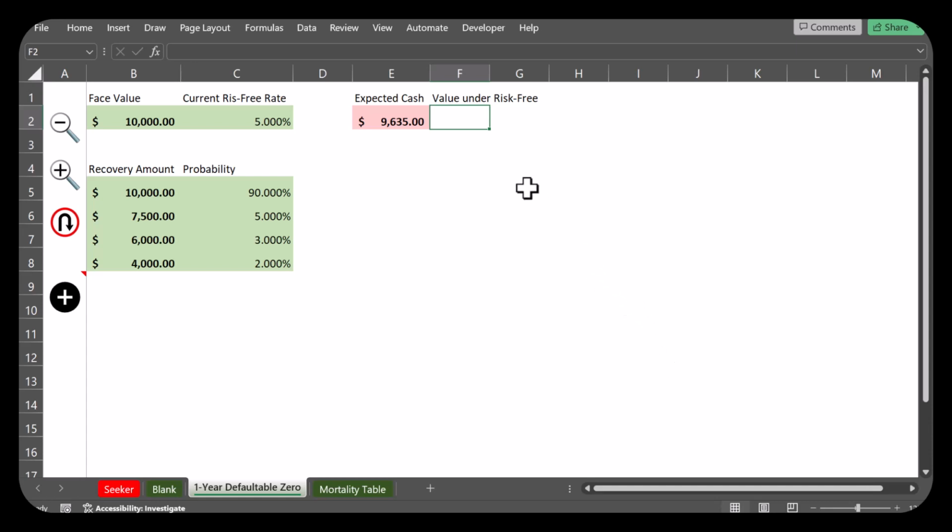If I calculated value of this bond, if it was risk-free, 1 plus the risk-free rate.